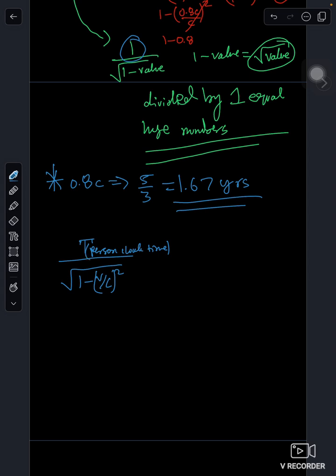This means 1 year is not the person's time, this is the stationary observer's time.